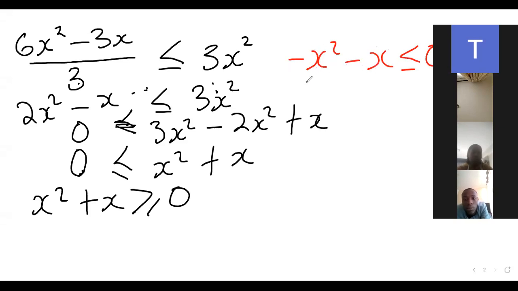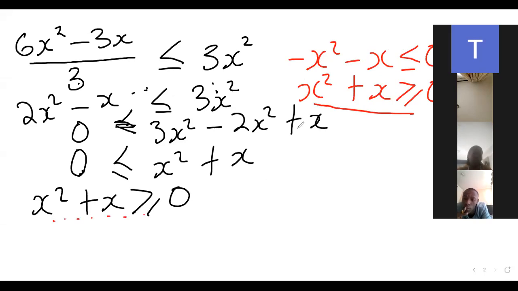If I divide by negative across, it will be x squared plus x, and the sign becomes greater than or equal to 0. It changes when you divide across by negative. So this now looks exactly like this.